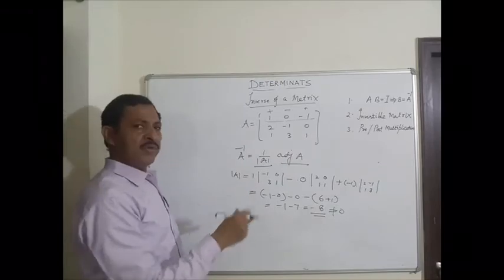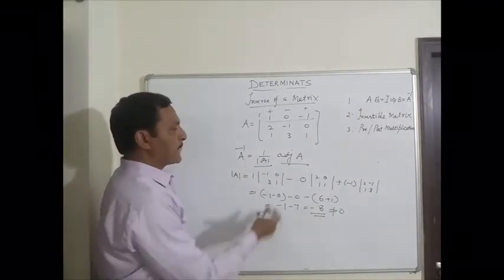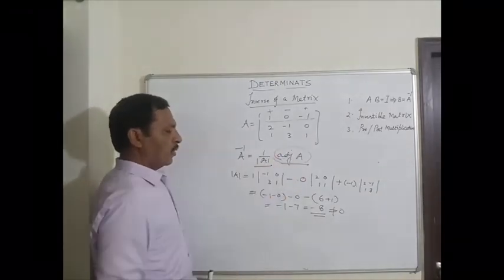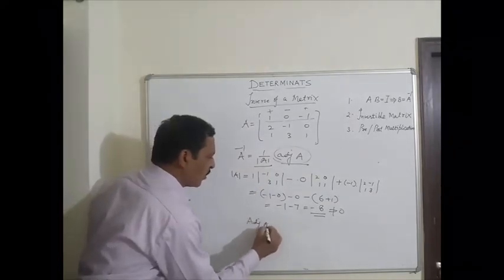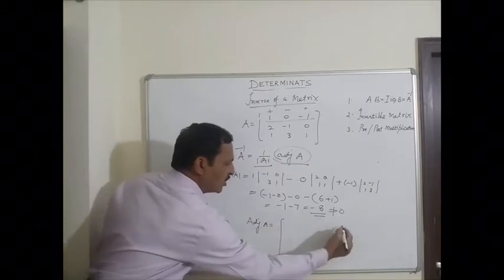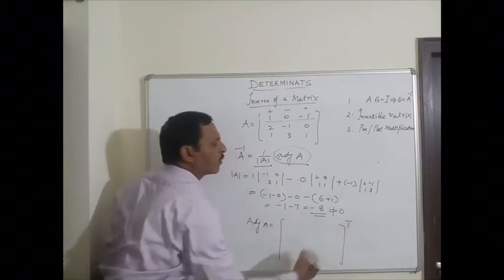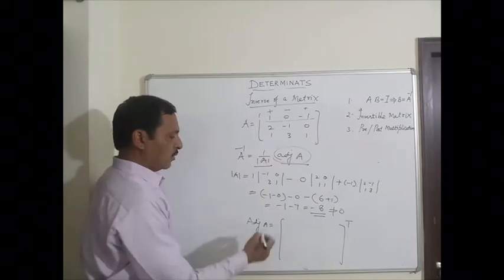Now for finding the inverse, what do we need? That is the adjoint also. So how do we find the adjoint of a matrix? It is the transpose of the cofactor matrix.